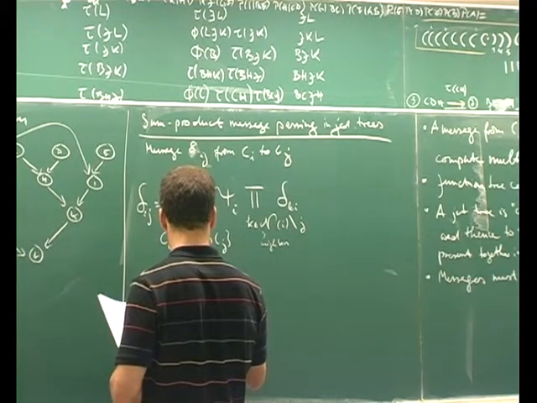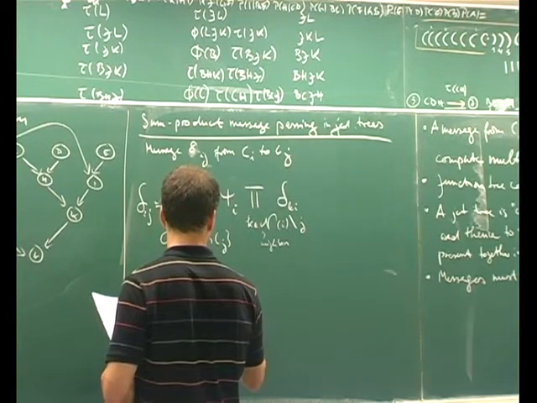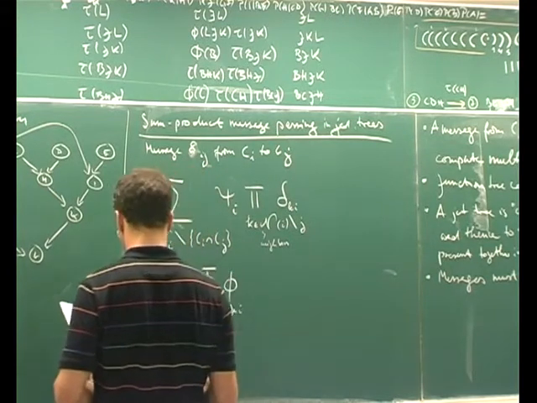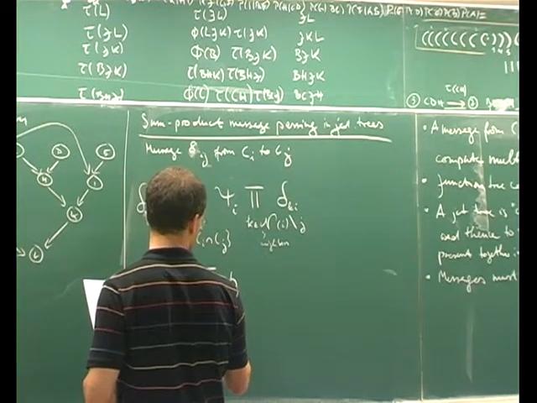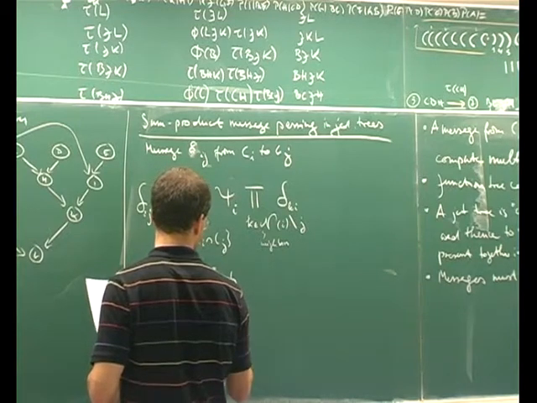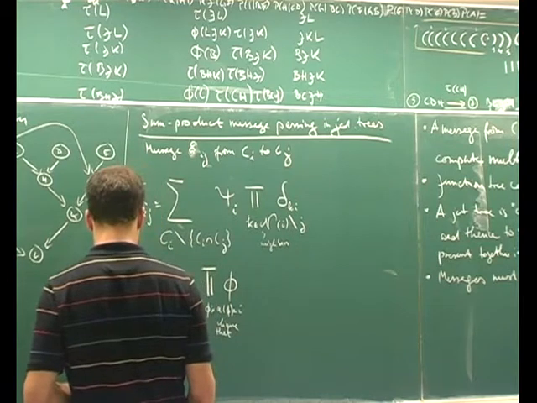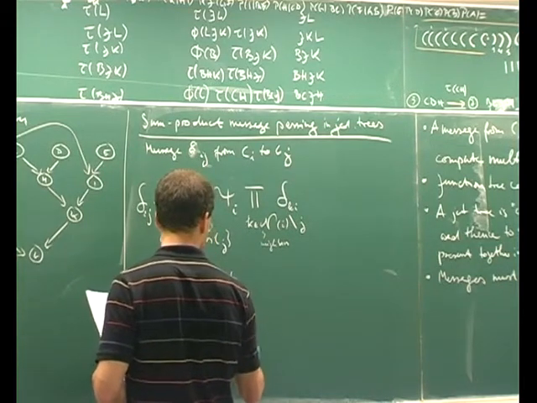So the factors are chosen such that alpha of phi is I, where alpha of phi is the clique that factor phi belongs to.